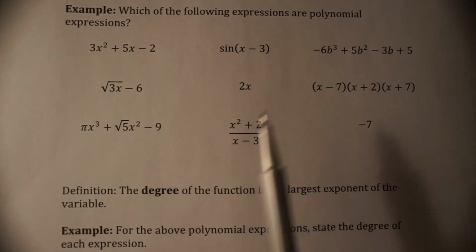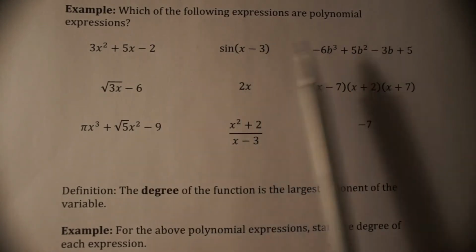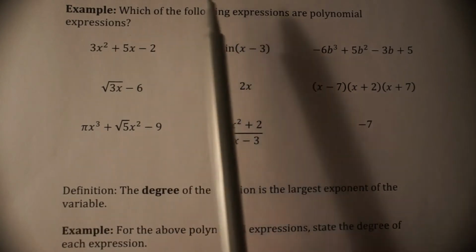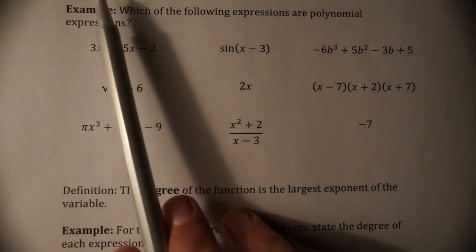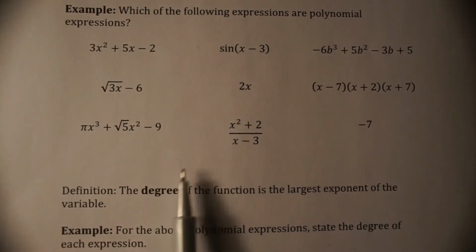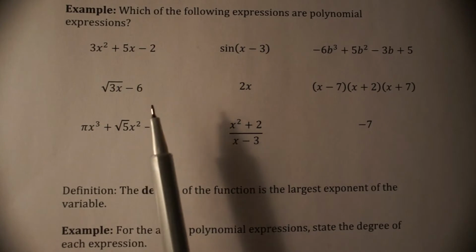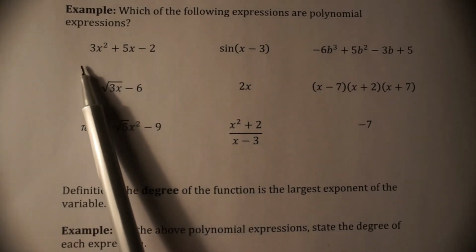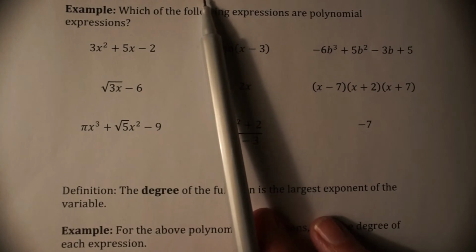Okay, so to be a polynomial, it has to be a sum or difference of a bunch of terms, and the exponents have to be whole numbers, meaning 0, 1, 2, 3, 4, positive whole numbers, and the numbers in front of our x terms have to be real numbers, which means it can be any numbers.